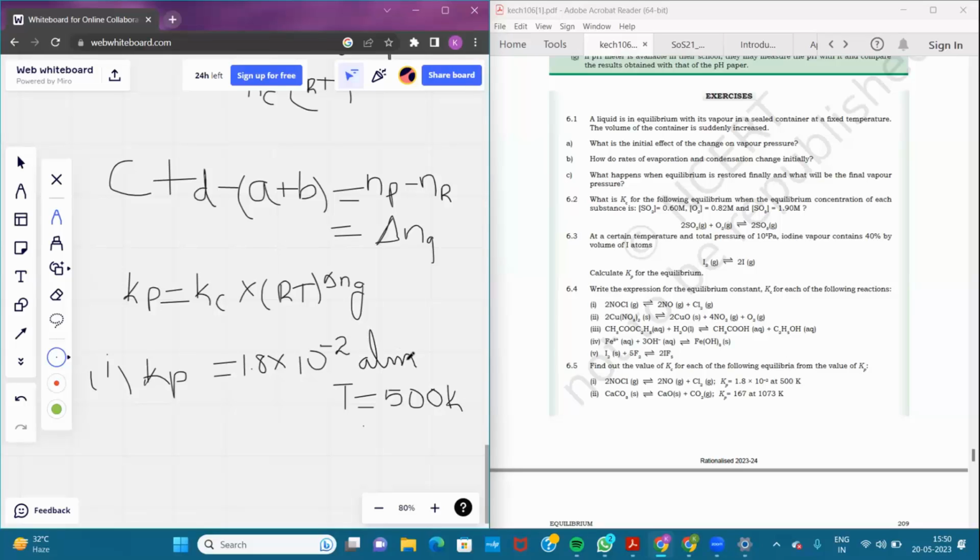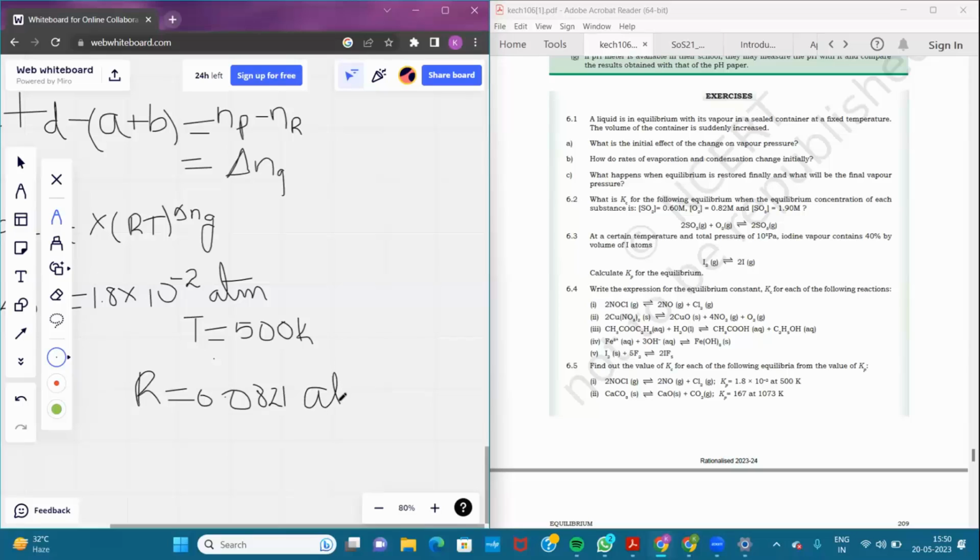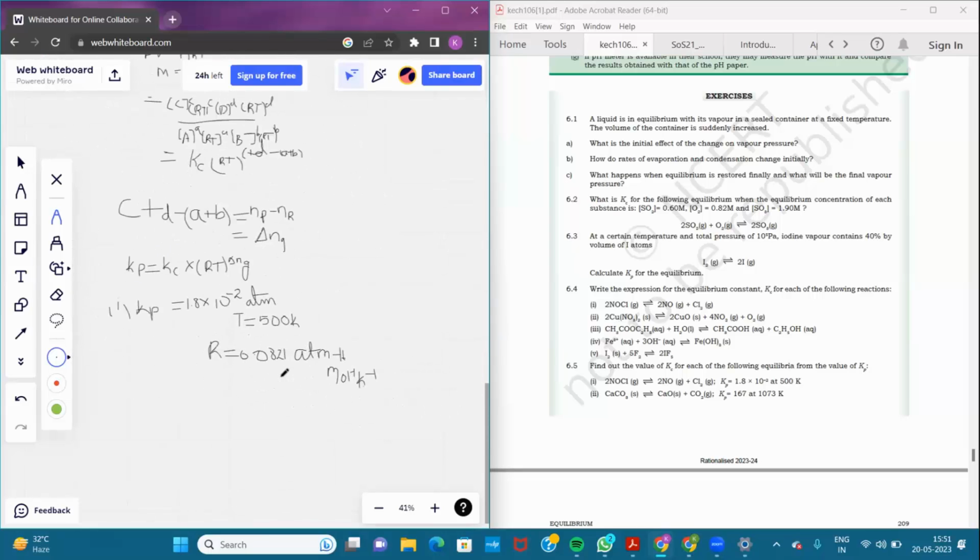So we'll use the universal gas constant value R in atmosphere liters, it's 0.0821 atmosphere liters mole inverse Kelvin inverse.